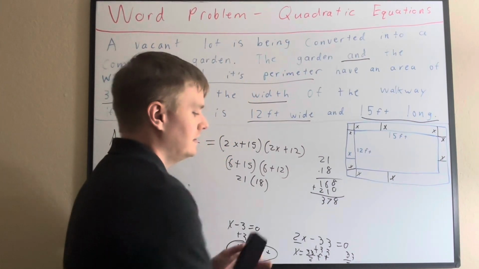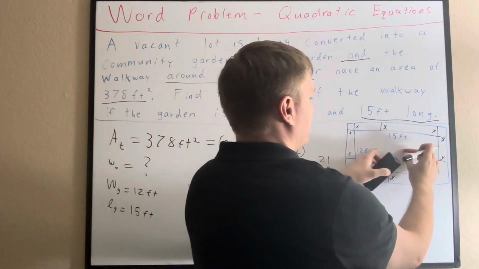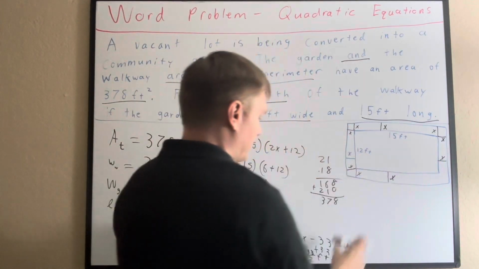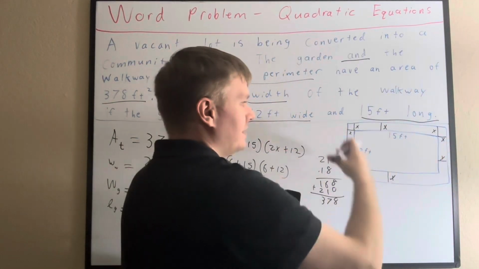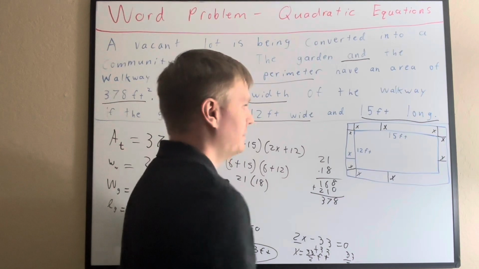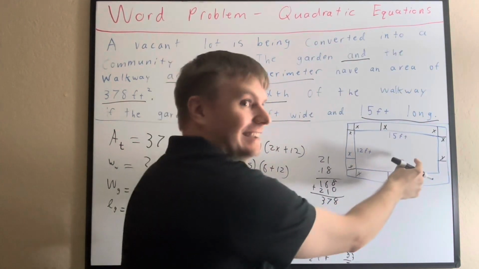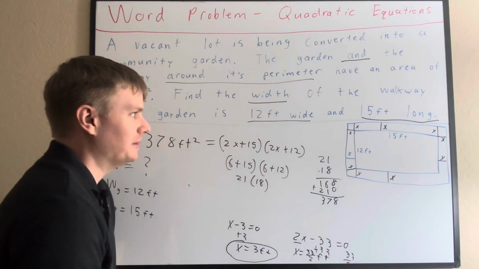Well, this is just a possibility. What if the garden was really, really small, and what we were searching for was this walkway that was just this huge rectangle of cement surrounding the tiny, tiny garden? That's what that answer is assuming.